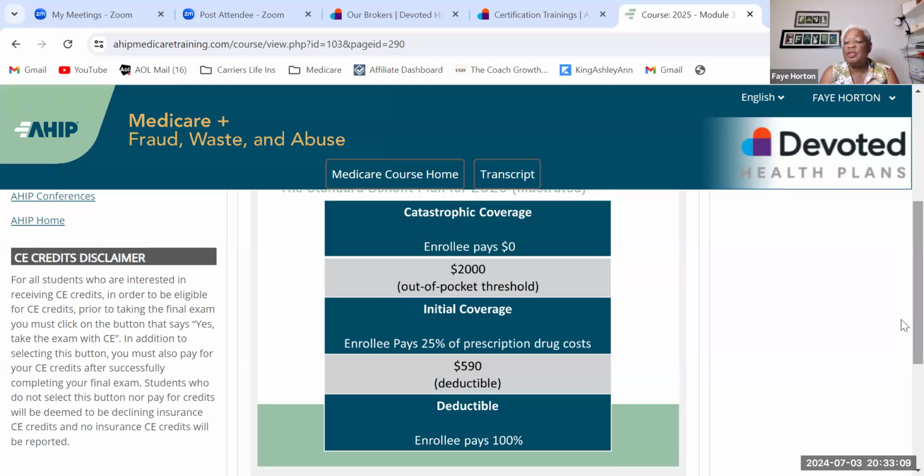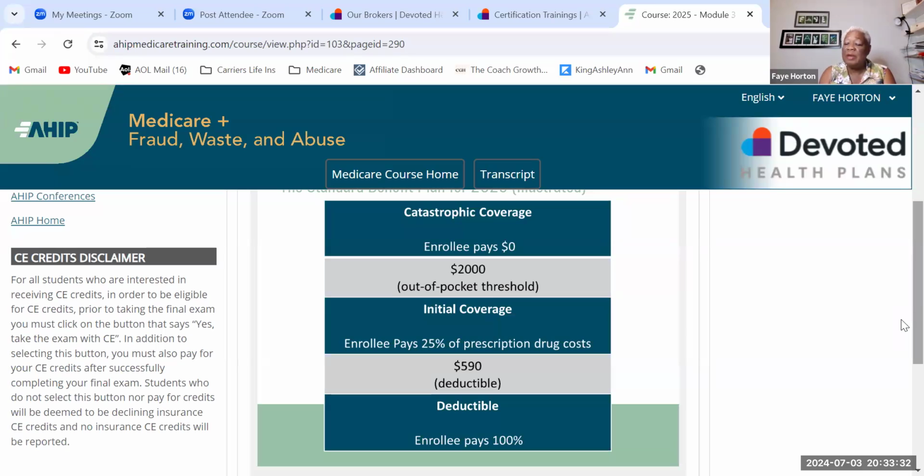When they're in the initial coverage stage, after a maximum of $590 deductible, if it's applicable to the plan that you're offering, the enrollee pays 25% of the prescription drug costs, or in most cases, you're going to see copays.